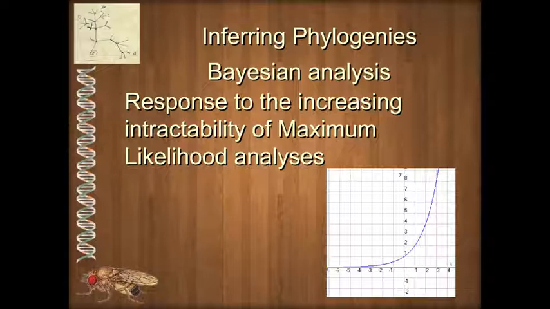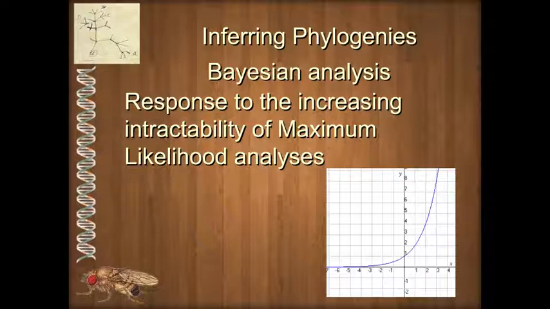To put Bayesian analysis in its proper context, it comes along, again, fairly recently and is very widely used, maybe the most widely used method for phylogenetic reconstruction now. And it was developed largely as a response to the computational intensity of maximum likelihood.